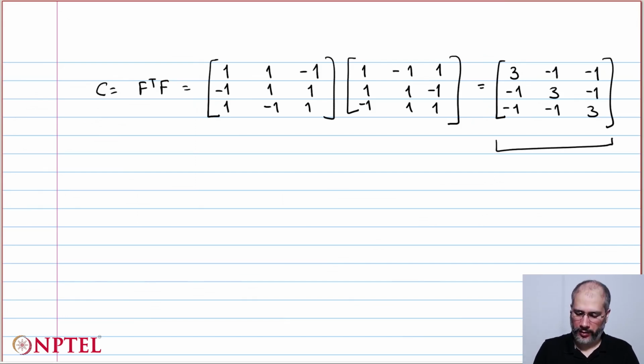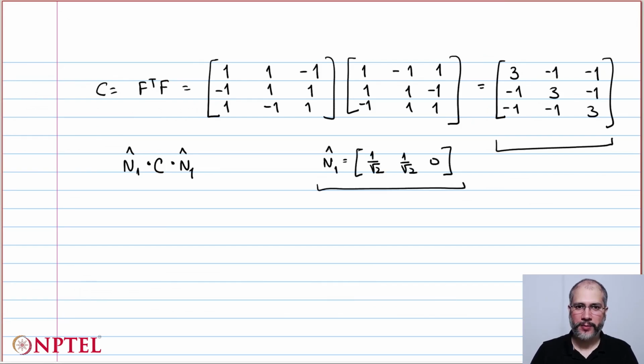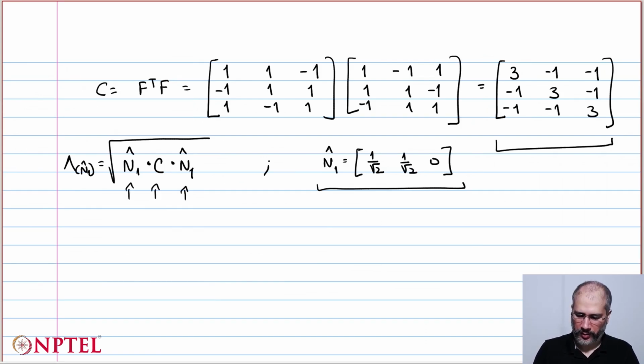So now let us find n1 dotted with this C dotted with n1. Now n1 is given to us as this vector. So the stretch ratio in the n1 direction is simply the square root of this. So we can substitute n1 and C to find this.